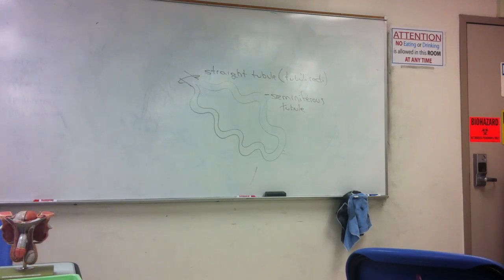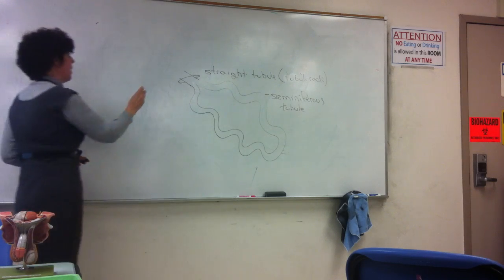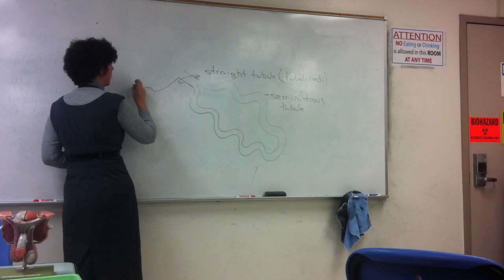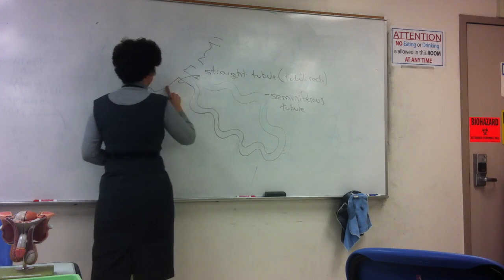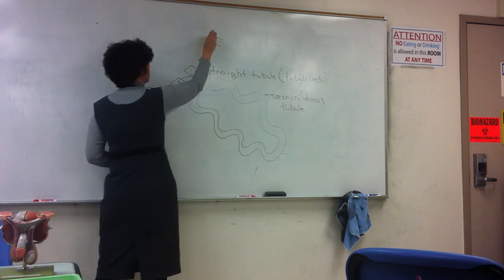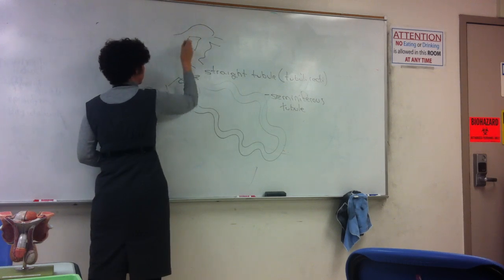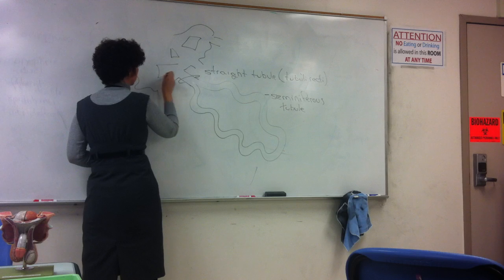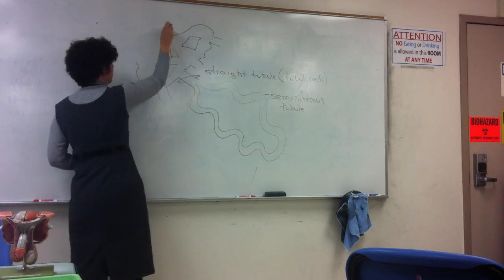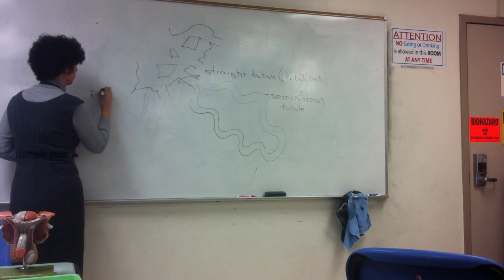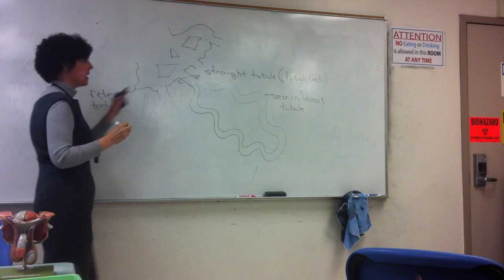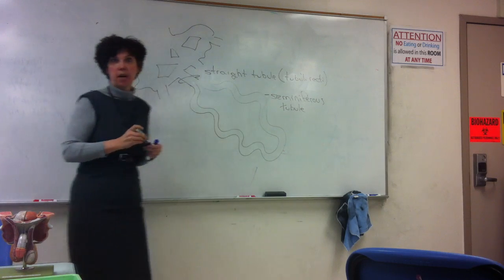And then all the straight tubules join together to form a network of interlacing branched structures known as the rete testis. The rete testis and straight tubules are not the same.